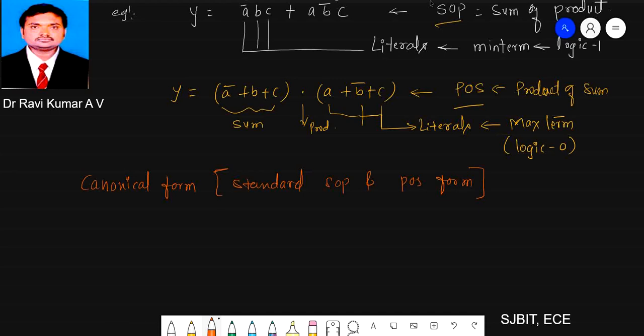Let the function Y, with variables ABC, be ABC plus A bar BC plus AB bar C. As we know, this is SOP form, sum of product form.